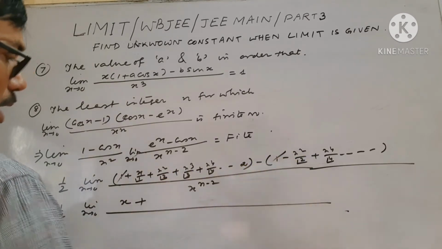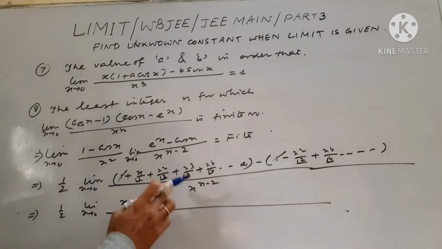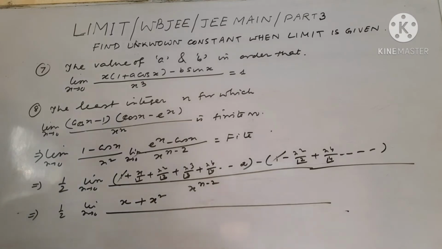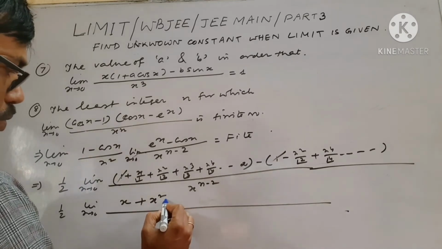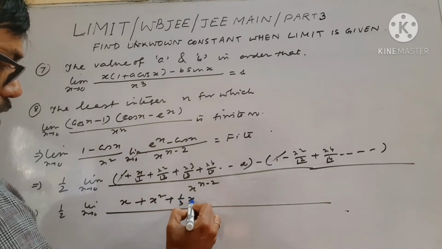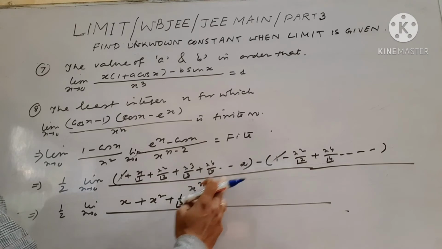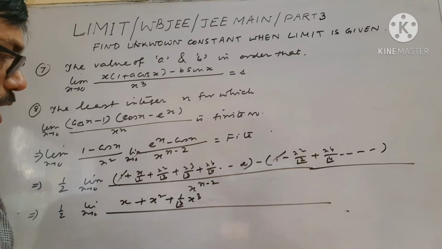This is also again x square by factorial 2, so this is x square. Then 1 by factorial 3 x cube. X to the power 4 is cancelled out.